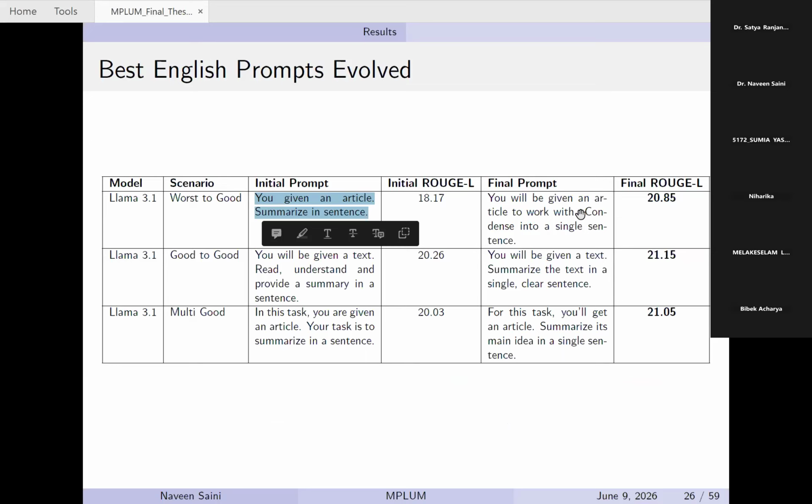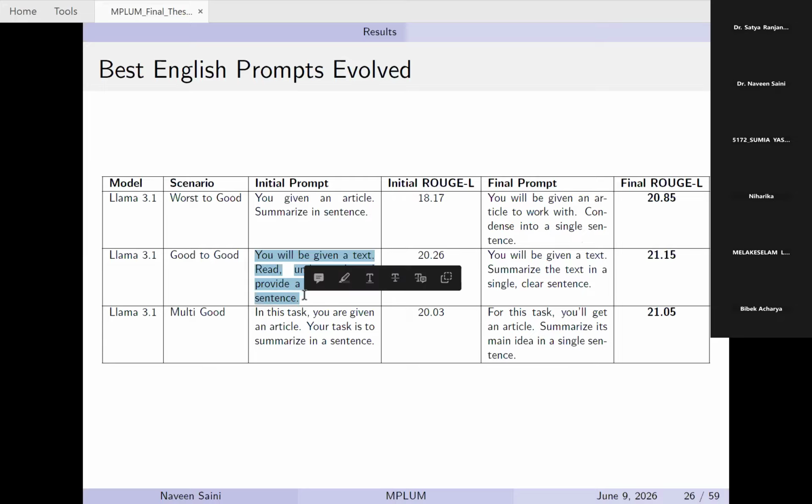You will be given an article to work with, condensed into a single sentence. So it is much better than the initial prompt. For good to good: you will be given a text, read, understand, provide a summary in a. It is actually good. But obviously, after optimization: you will be given a text, summarize the text in a single clear sentence. That is also good, and here the Rouge score is greatly improved.